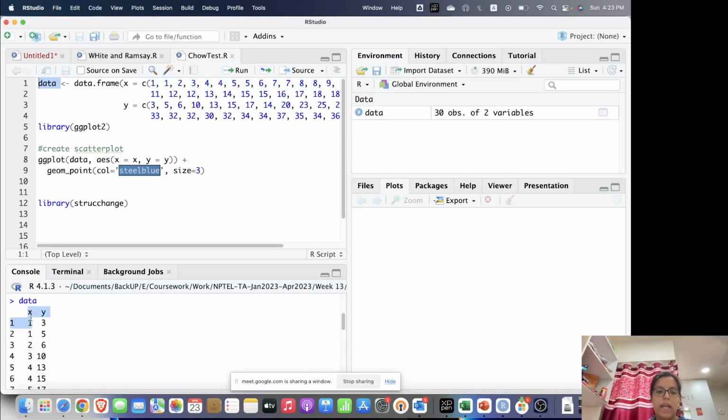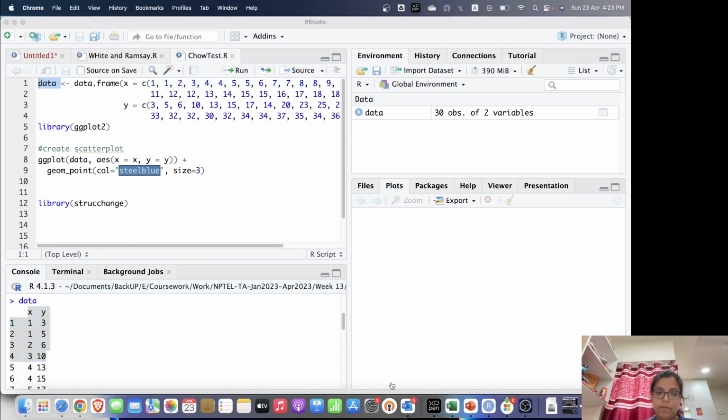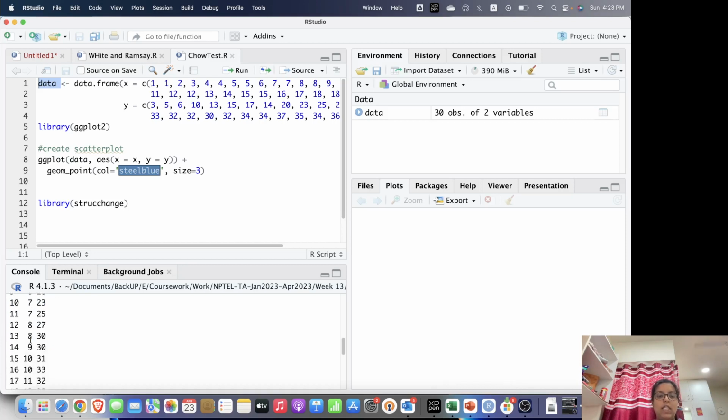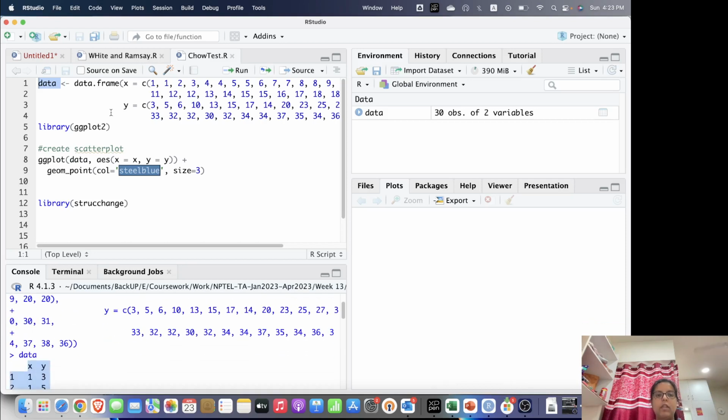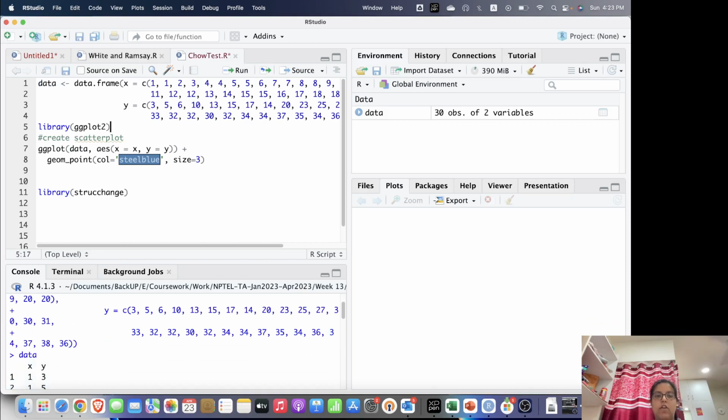I have a value x and y. Okay, now if I plot this thing, here I'm using a fancy way of plotting. This package is very important, ggplot2, and you can customize and create very nice looking beautiful plots. So here I'm using that.